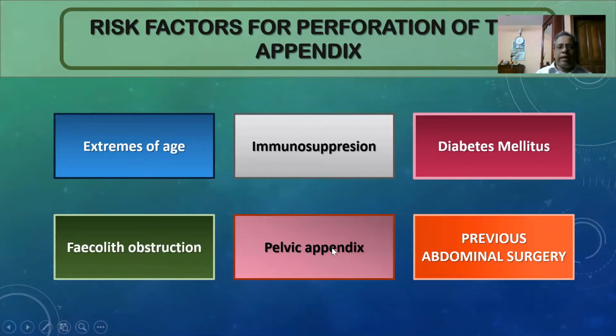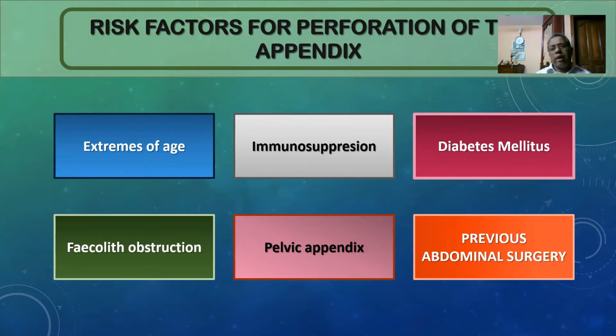So the pelvic appendix is also a very important one, because the patient's presentation does not mimic the typical presentation of appendicitis. There are some atypical presentations because the appendix lies inside the pelvic cavity. Whenever it is inflamed, it irritates the rectum, so there are loose motions, which may be presented as viral diarrhea or other diarrhea and mislead you.